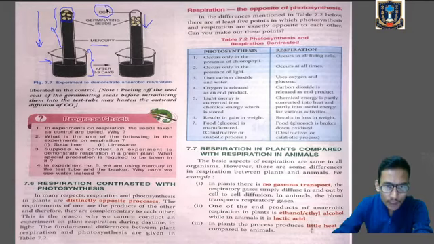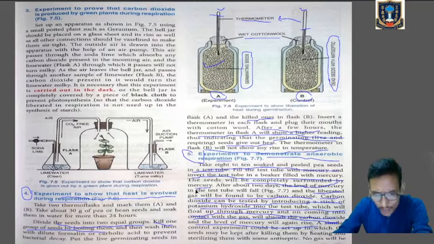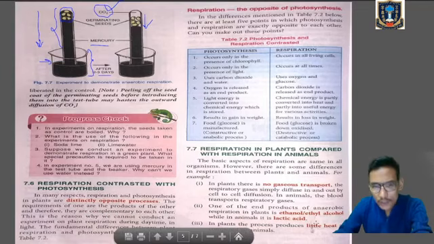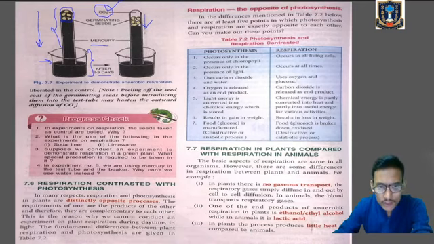Now this gas, carbon dioxide, can be tested by putting a stick of potassium hydroxide into the test tube. So now we are putting potassium hydroxide into the test tube. Potassium hydroxide will float through this mercury, and when it comes in contact with carbon dioxide, it will absorb it.